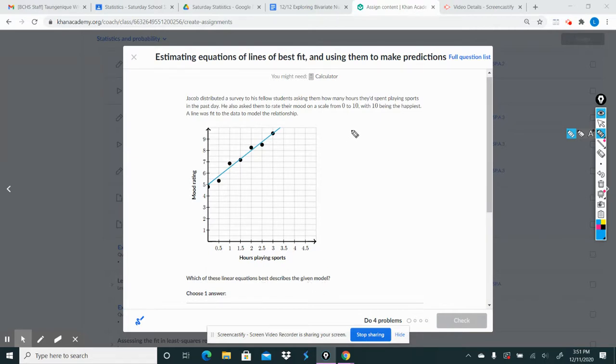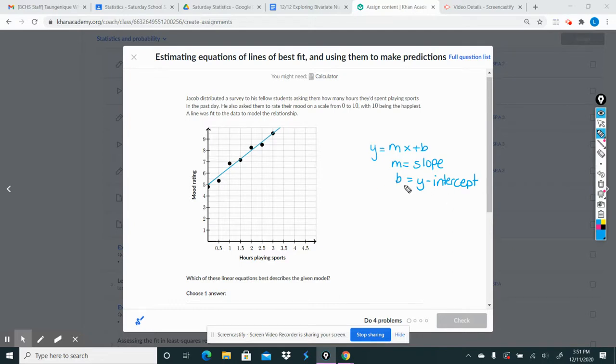So for linear equations, we have to remember first our equation, which is y equals mx plus b, with m being our slope and b is our y-intercept. It's a little bit of algebra here.